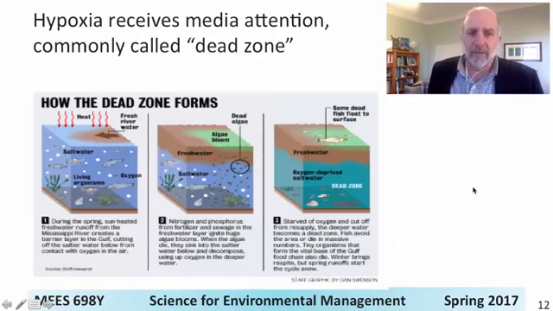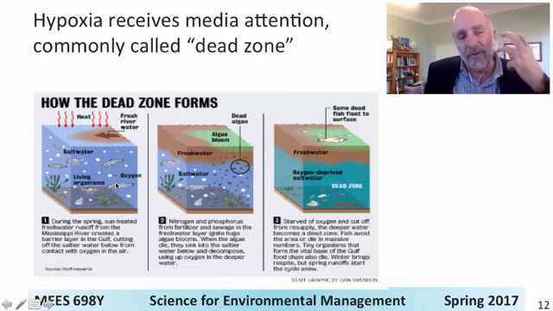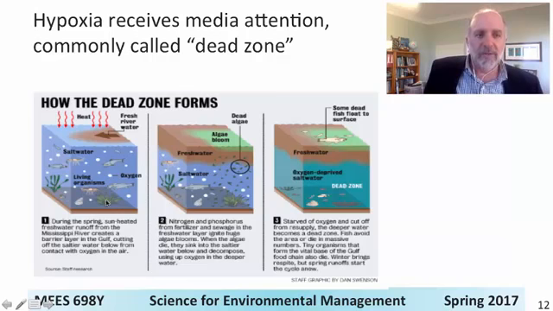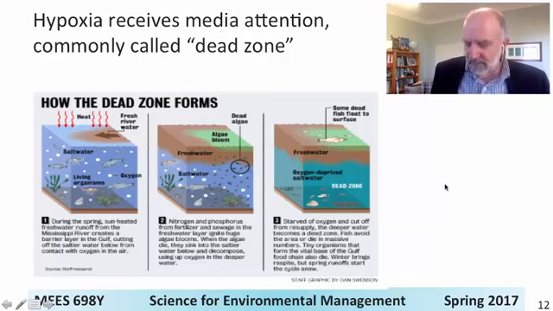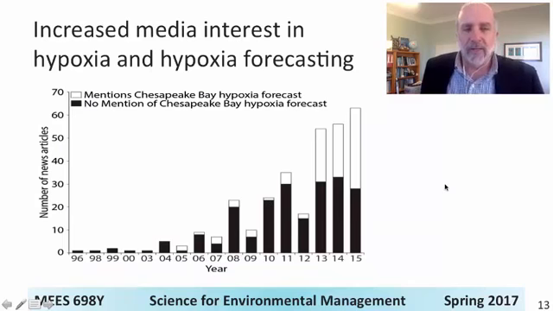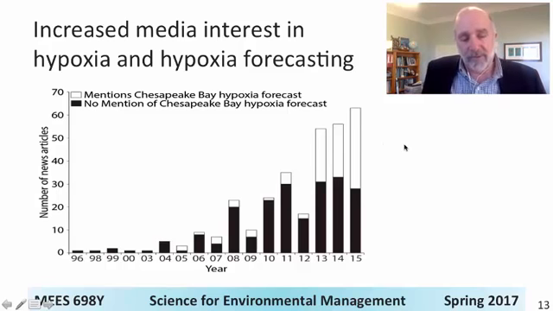The scientific interest is not the only interest, but it hit the public, and the public imagination was captured by the term dead zone, and so this is one of the diagrams they used for the Mississippi River dead zone, the size of New Jersey, etc. So this has really become a real issue, and we just did a manuscript that Jeremy Testa and a bunch of students have put together for the Hypoxia Forecast of Chesapeake Bay.